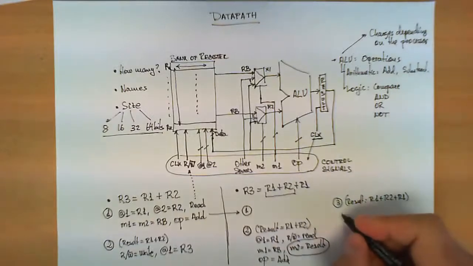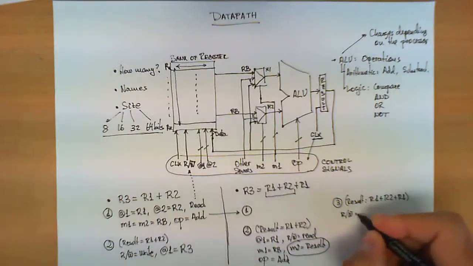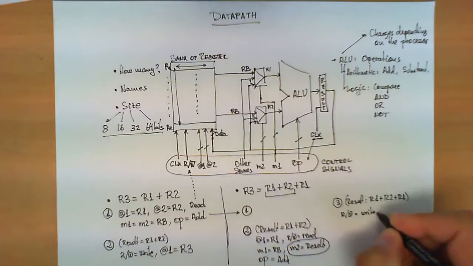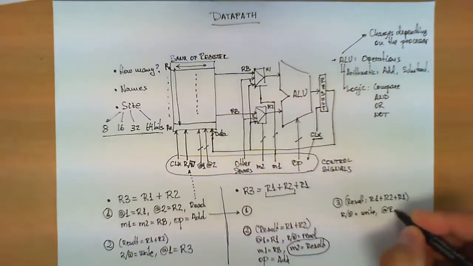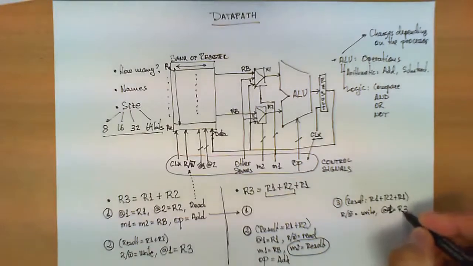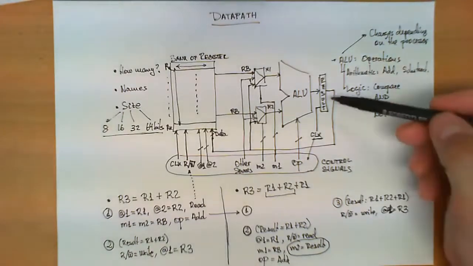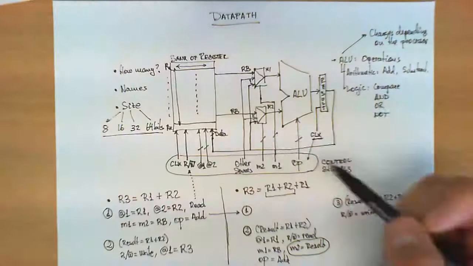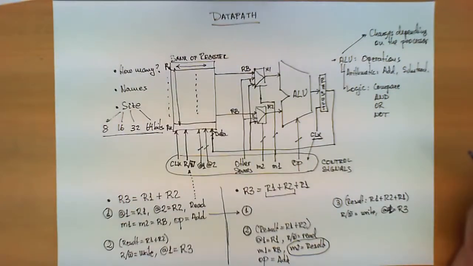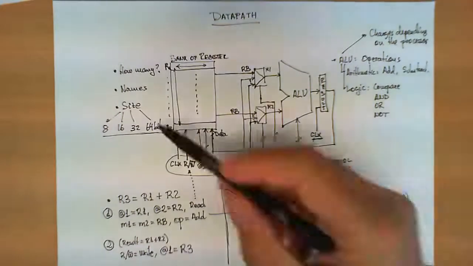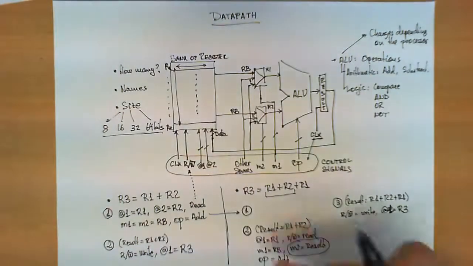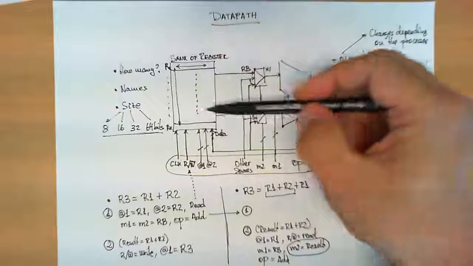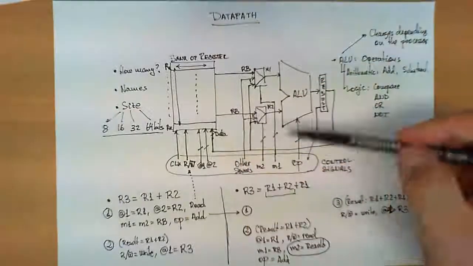The only thing we have to do is set the read-write signal to write, and the address 1 we'll set to R3, and at the following clock cycle this value that is here is stored in the proper place in the bank of registers. So these are two examples of how this data path can carry out operations based on the bank of registers, control signals, and the ALU.